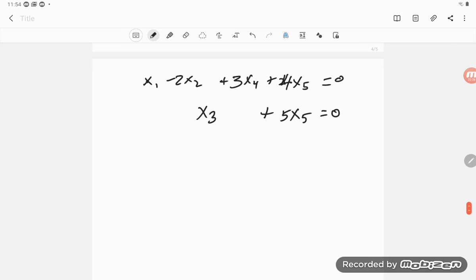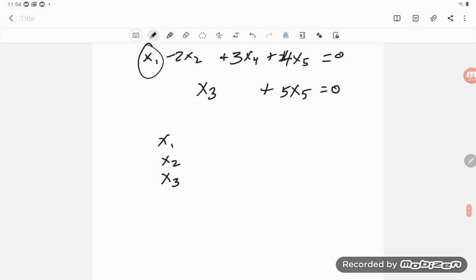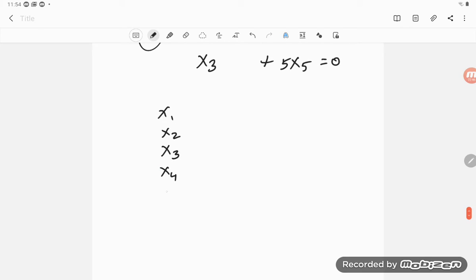Now, if I go with the x1 and the x3, so I've got x1. Now I'll need an x2, so let me leave space for it. x3, we'll put an x2 in there, and an x4 and an x5.